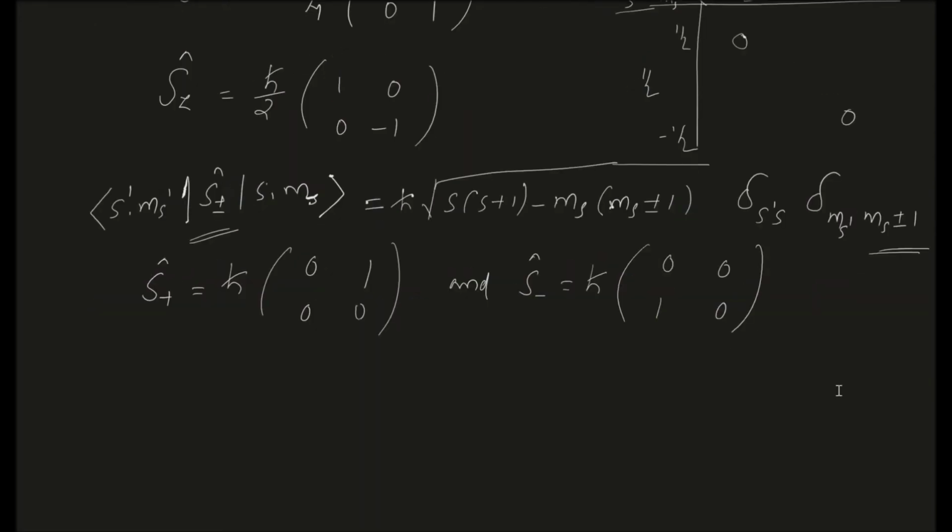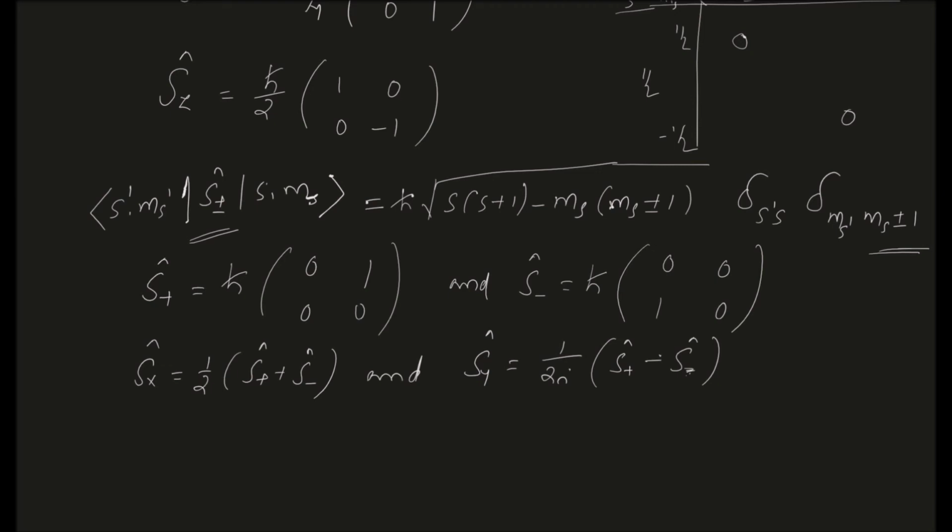So once you know the matrix elements of S plus and S minus, you can construct the matrix elements for Sx and Sy, because Sx is given by half of S plus plus S minus, and Sy is given by 1 by 2i of S plus minus S minus, right?